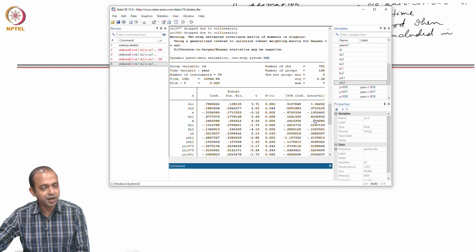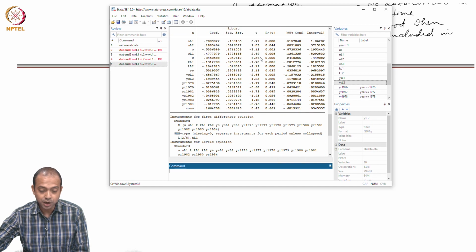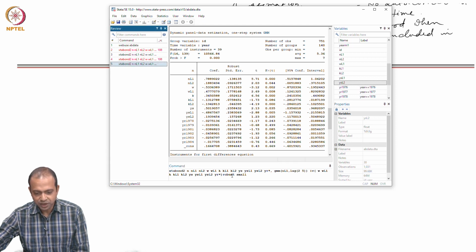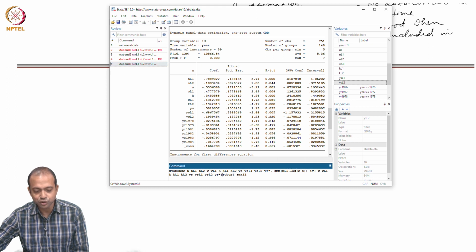At the same time, by putting the robust command, as I mentioned, I am asking Stata to perform the Windmeijer correction. But here what is happening, two step system GMM fails to put your estimates within the limit, but if you look at it, your AR2 is satisfied, right.